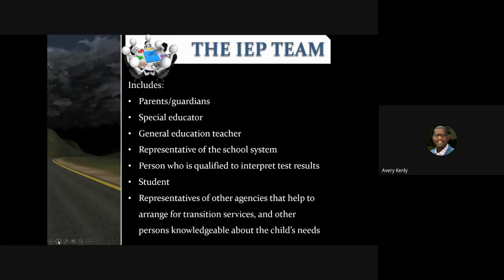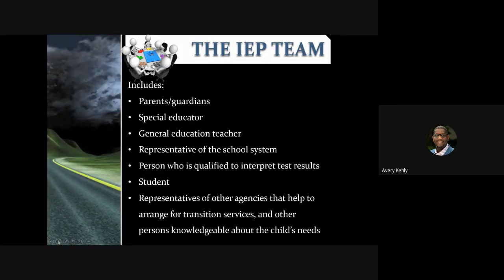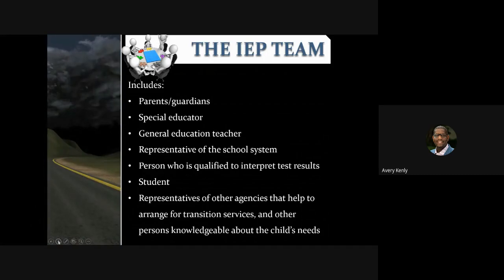Now, the individuals that have to be present at an IEP meeting in order for the meeting to be legal include the special educator, the general educator, as well as a local education agent. So that fourth bullet point, the representative of the school system. Many times the local education agent will double as the special educator.